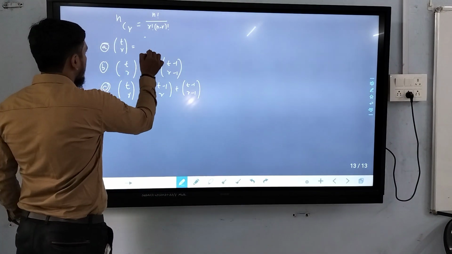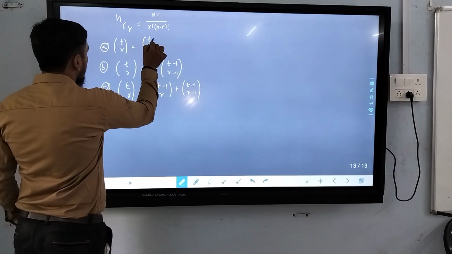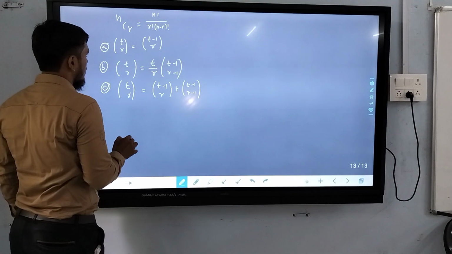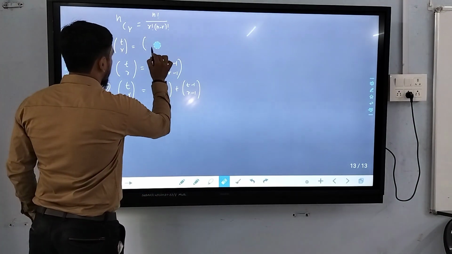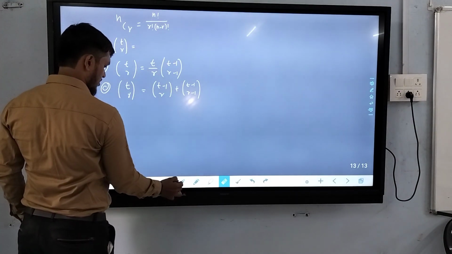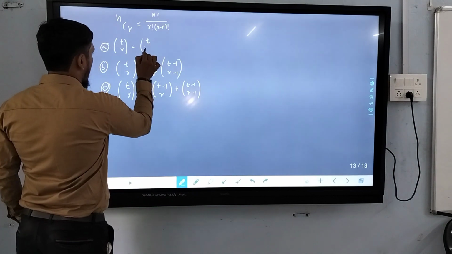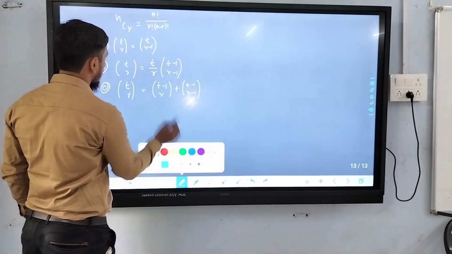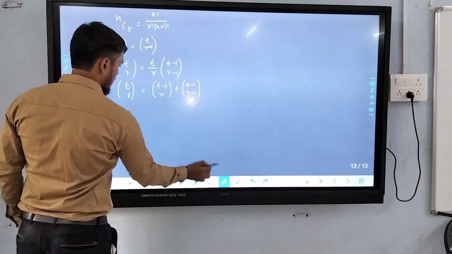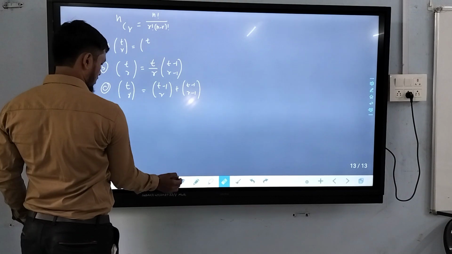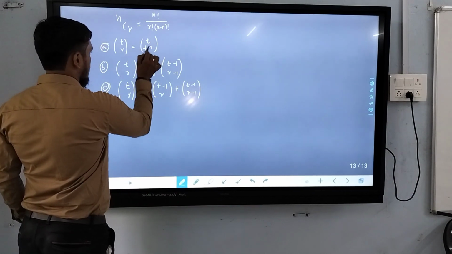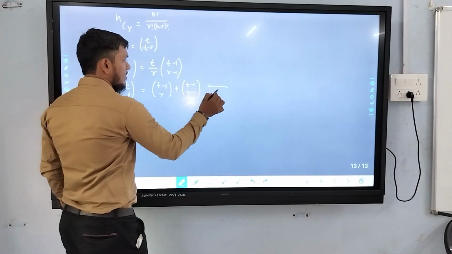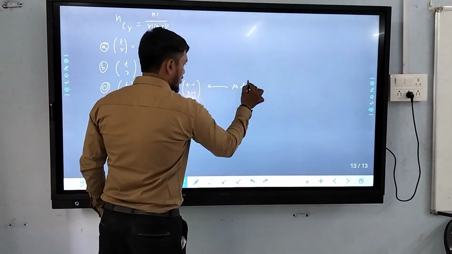And in the first property, it is equal to t minus 1 upon r, TC r minus 1. So this is very important. This is known as the addition formula.